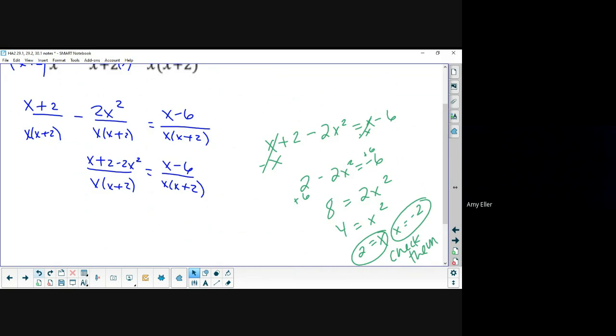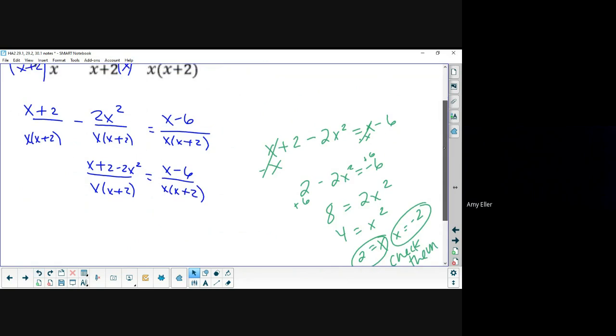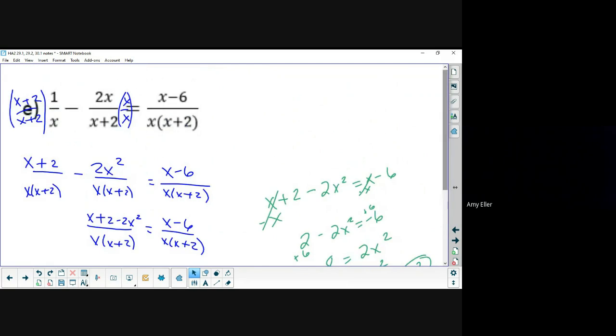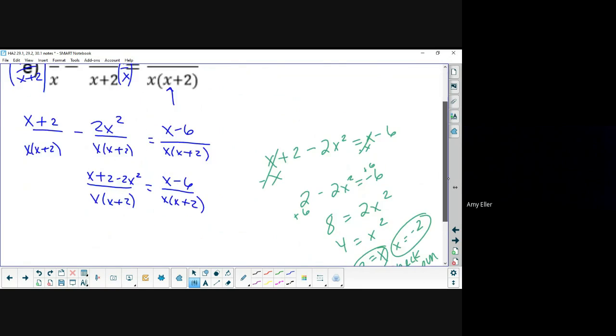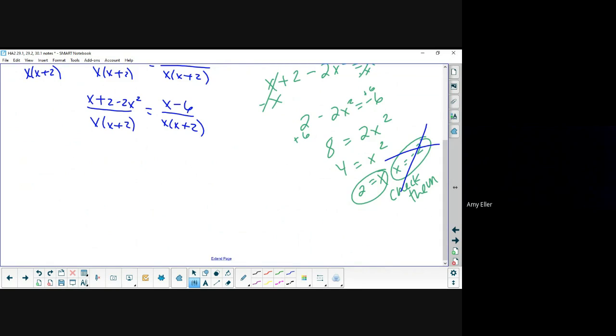Yep, that is a scenario. Can you guys tell that negative 2 is going to be a problem just from the get-go? Yeah, you don't even have to plug it in. We know negative 2 is not going to work. That's going to get you 0. So we just cross that out. Make sure I can read it, that you got it, and then cross it out. We should check 2, though.